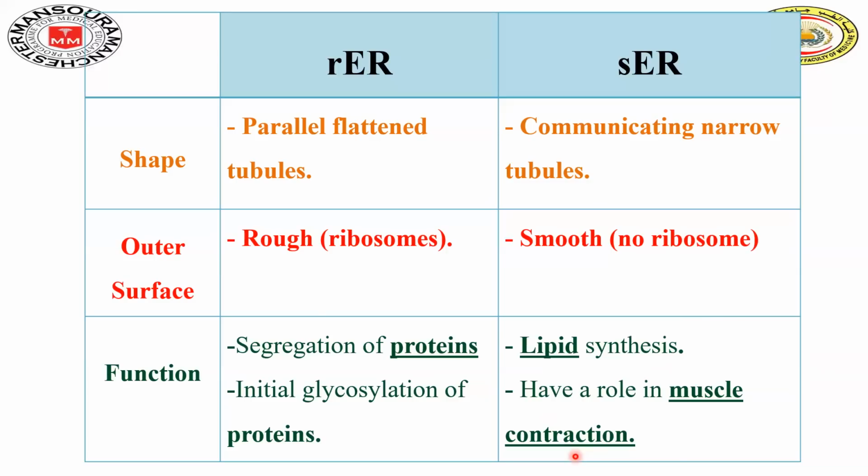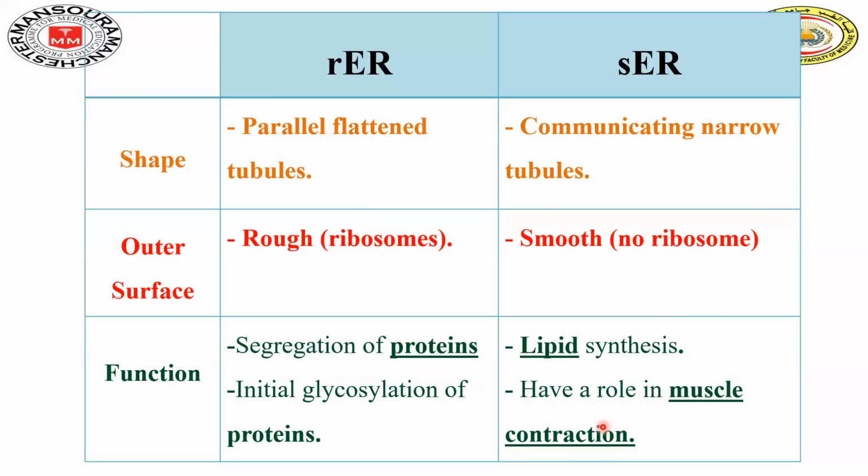Simply, the smooth endoplasmic reticulum in the muscle represents the storage site for calcium. So it stores the calcium inside, and calcium has a very important role in muscle contraction. So regarding the function of the smooth type, number one, lipid synthesis. Number two, a role in muscle contraction, being the storage site for calcium inside the muscle.